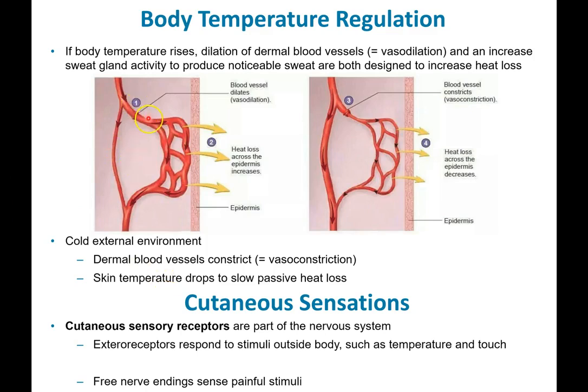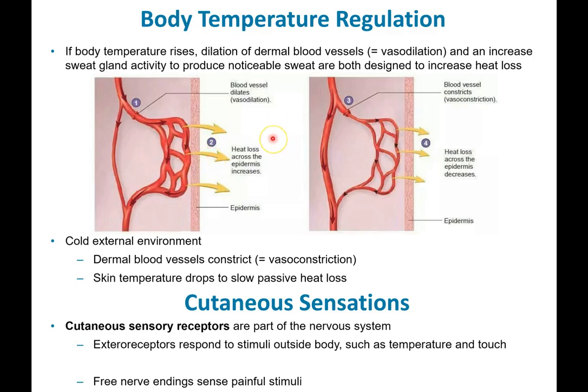Here, vasodilation is the process by which blood vessels expand or widen and move closer to the skin's surface, resulting in increased blood flow toward the skin surface. Increased blood flow beneath the epidermis allows heat to escape from the skin surface, resulting in increased heat loss.